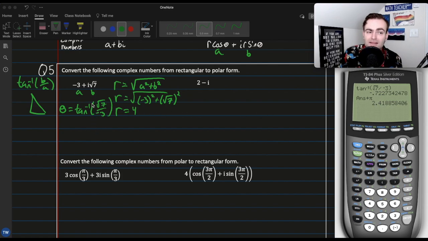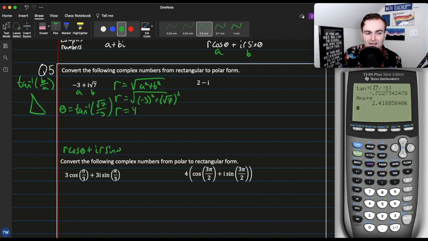So how do we write this? Again, we have to be careful. We can't just write r comma theta. We have to write it in the complex form, which again is r cosine theta plus I r sine theta.